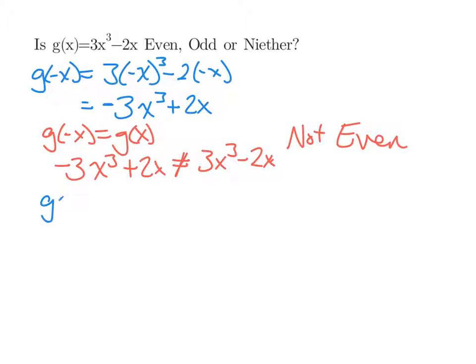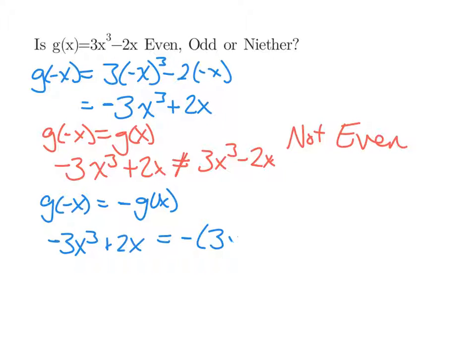But let's take a look and see if it's odd. That's where we want to look at g of negative x and compare it to the opposite of g of x. So my g of negative x was negative 3x cubed plus 2x, and the opposite of the original function, 3x cubed minus 2x. When I distribute that negative, I get negative 3x cubed plus 2x.